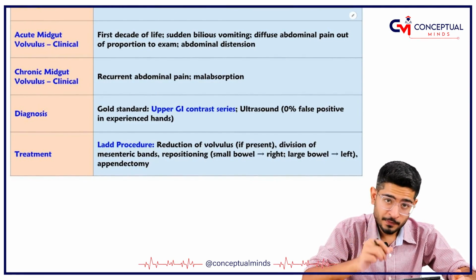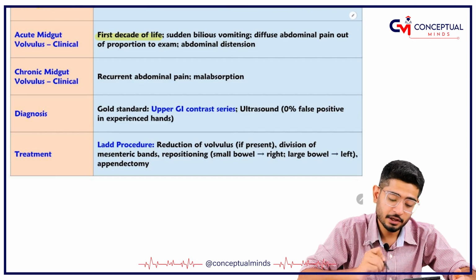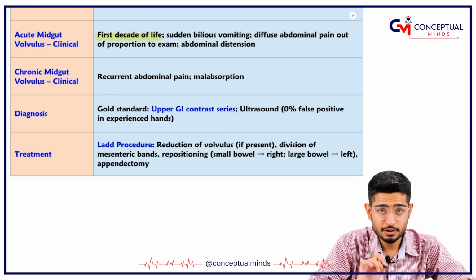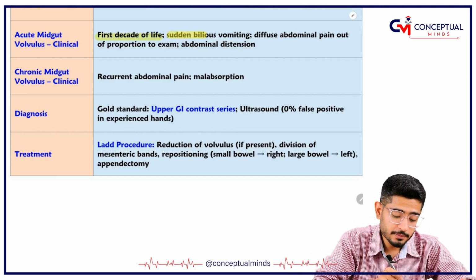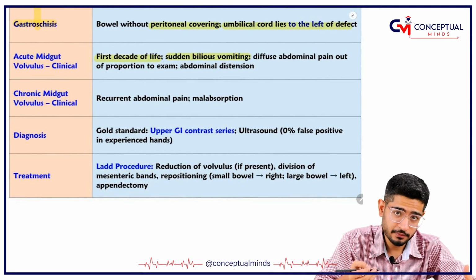So, if the malrotation is occurring in the first decade of life, you have to understand that there will be sudden bilious vomiting. Why bilious vomiting for that matter?